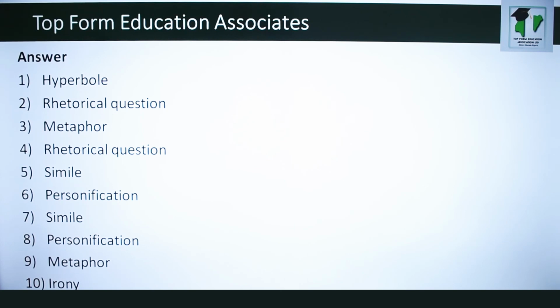All right, question 6. His honesty speaks good of him. His honesty here is given the attribute of a human being. So the answer there is personification. Question 7. Ada is as tall as an Iroko tree.